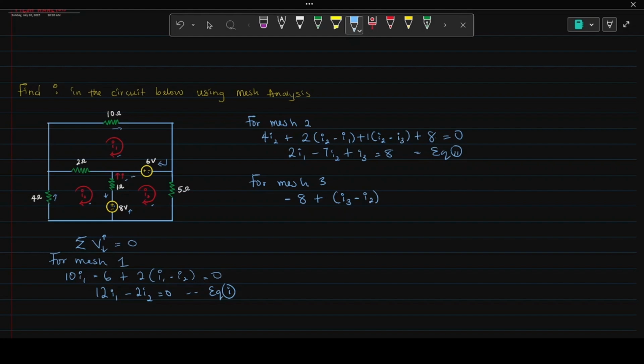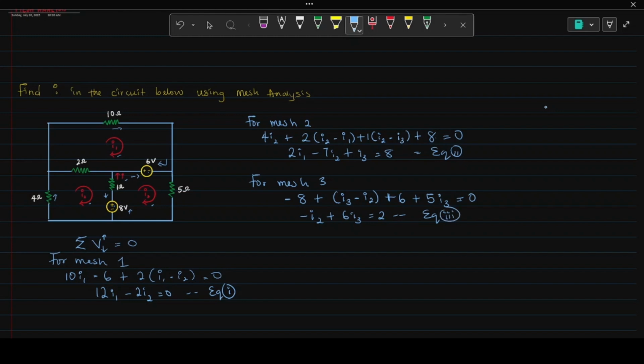Now, when the current I3 enters the 6 volts, it's going to enter the positive symbol first. So we write positive 6, then plus 5 I3, equals to 0. The final equation, if you simplify, is I2 plus 6 I3 equals 2. This is our equation 3.